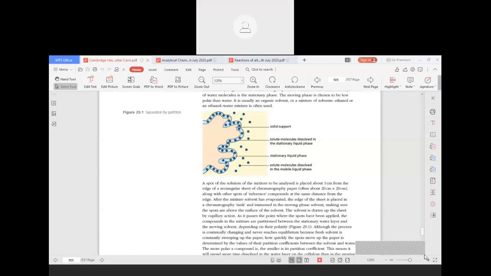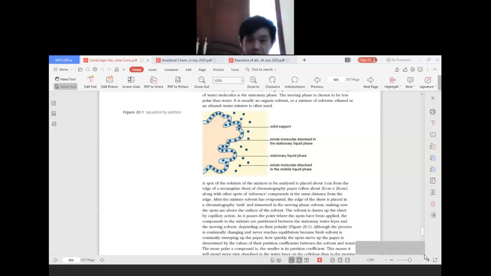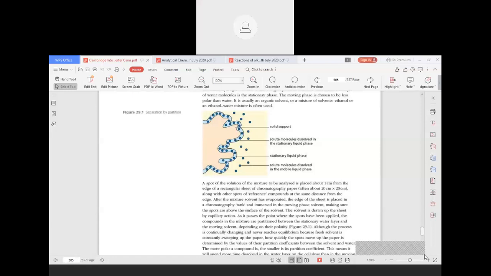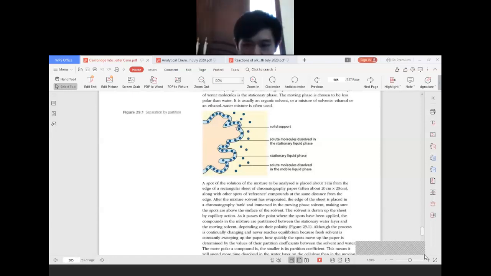We do not have this chromatography concept for A level. We need to know it, but I hardly find any question on chromatography. Why? Because chromatography paper is the easiest to calculate. Of course, for the starting questions they choose the hardest.